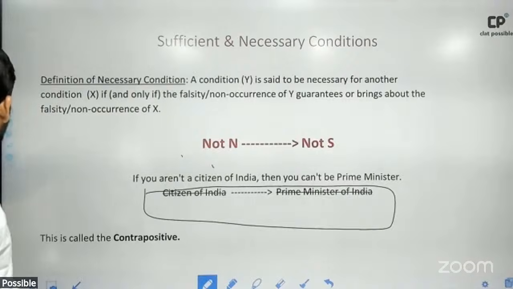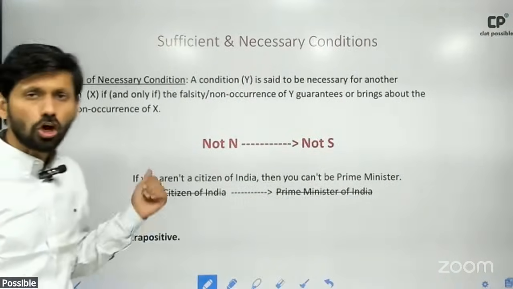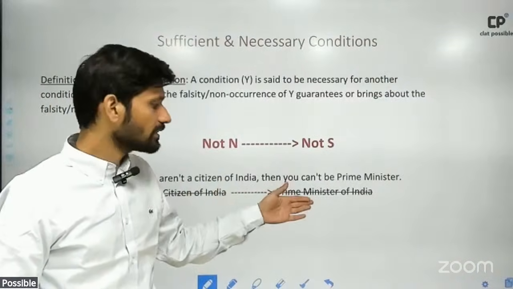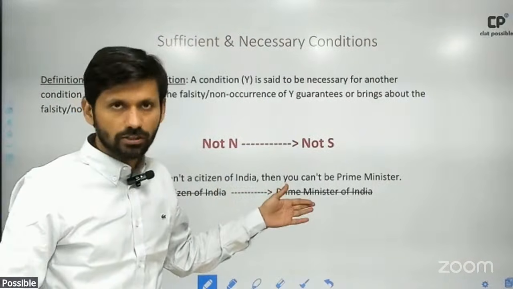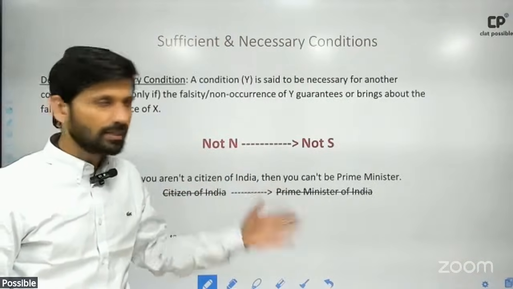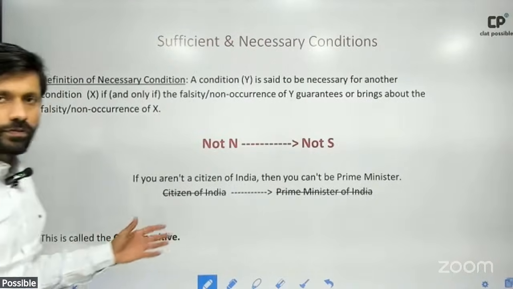That if somebody is not a citizen, the necessary condition is not fulfilled, the sufficient condition will also go false, right? So if they are not a citizen, they are not the prime minister, right? So that's the rule of contrapositive.